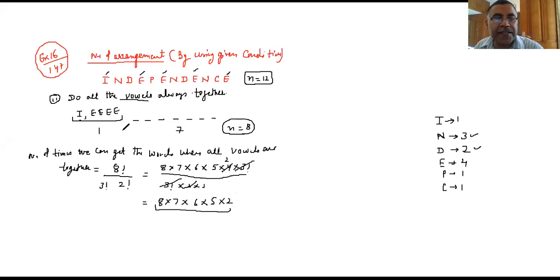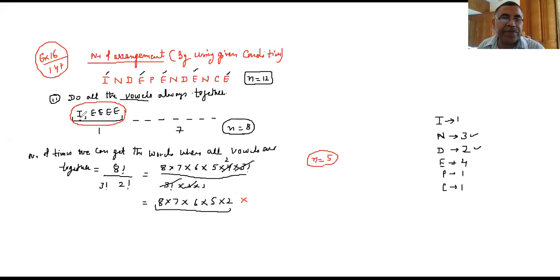Now the next chance is of the vowels. I am going to treat it as a single word. So total number of letters in this is 5. And out of 5, E's are repeating 4 times. So I have to multiply it because within the letter I can rearrange them.